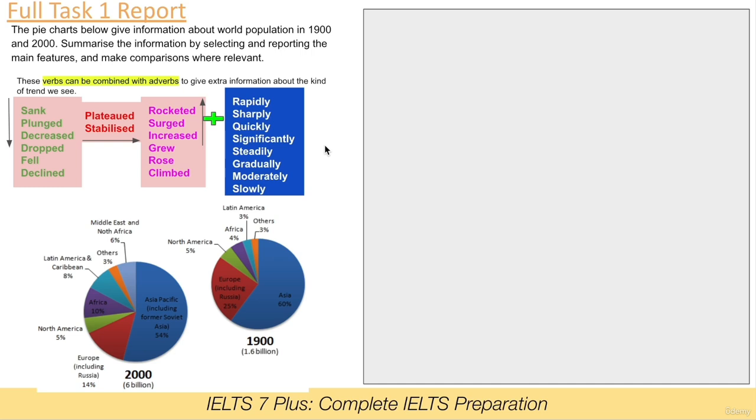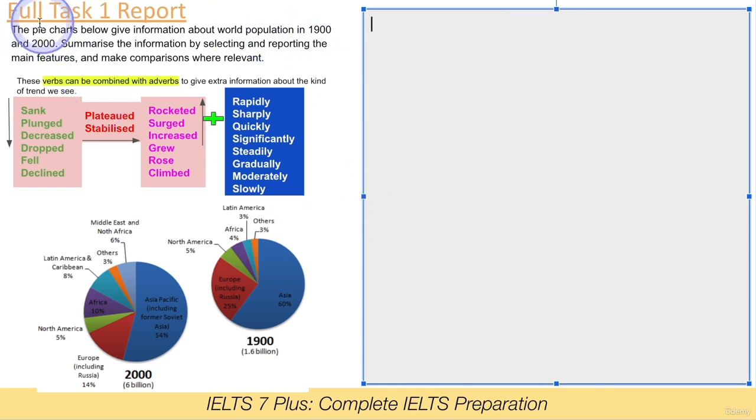Okay, so I think we are ready to have a go at this. Right. So how are we going to start the question? How do we start this task 1? Well, another important skill is to paraphrase. So we want to basically write the question, but in our own words.